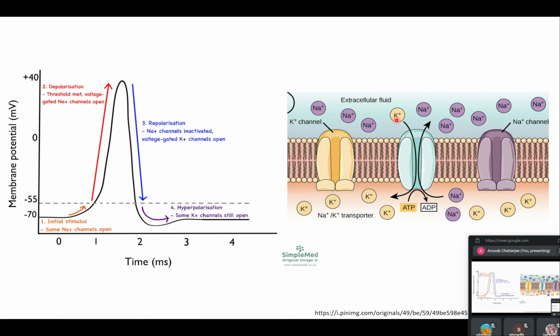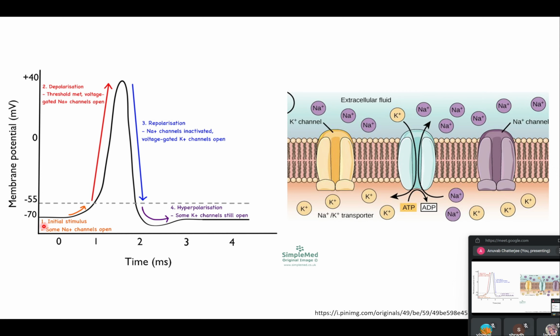So this is the resting situation where we have an initial stimulus, which generally is the transmission of neurotransmitters via the synapse, as we saw in our previous question, in which the neurotransmitter binds to the ligand gated sodium channels and opens them up.